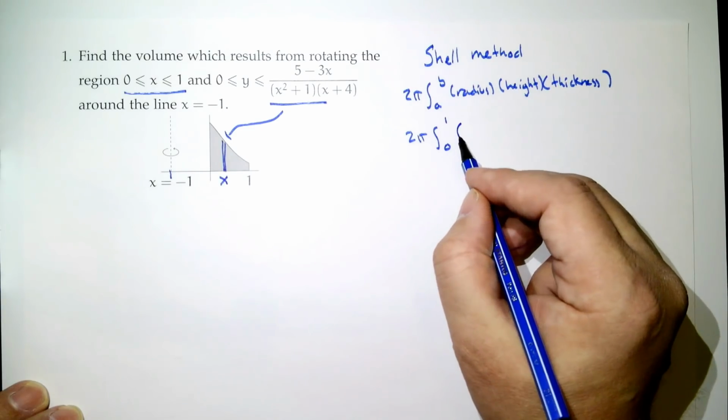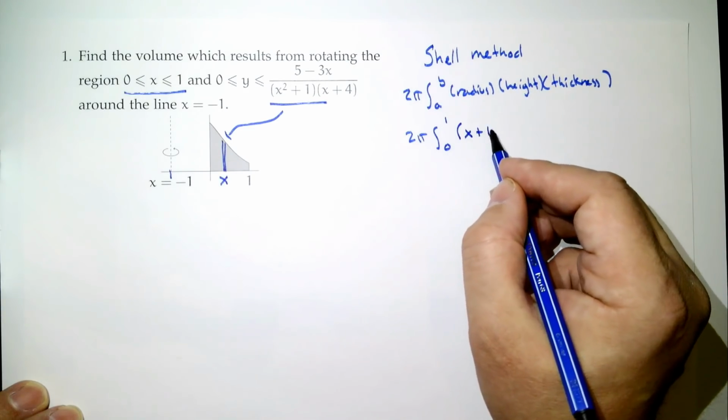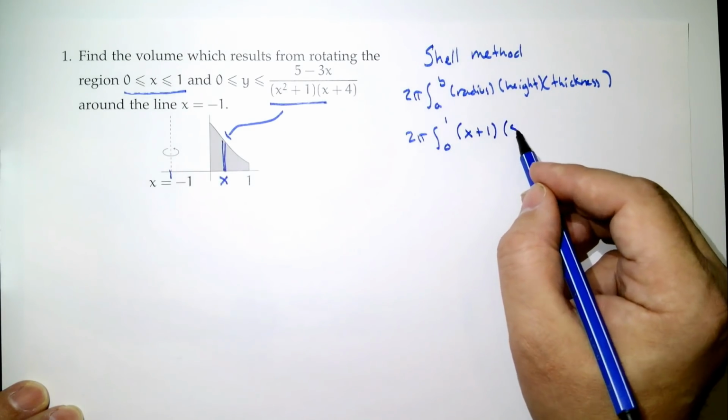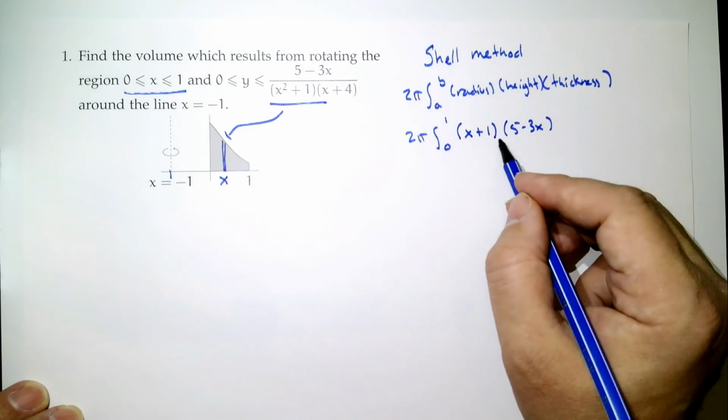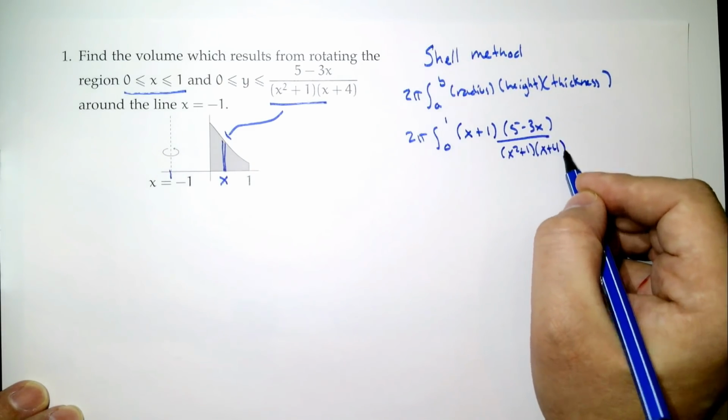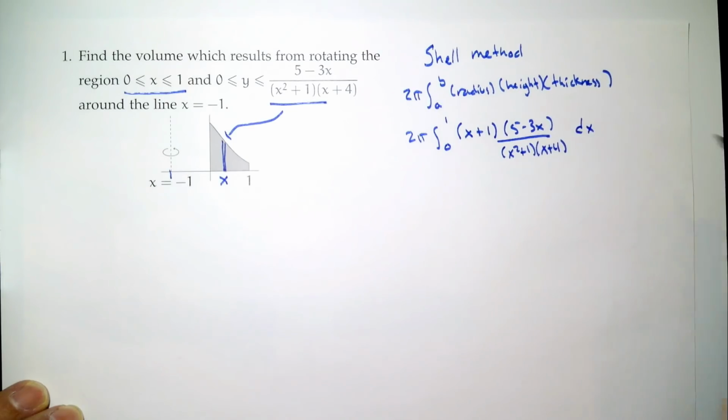So that's x − (−1), known as x + 1. The height is the value of the function, (5 − 3x)/(x² + 1)(x + 4). And the thickness is the dx. All right, so now we have our integral set up.